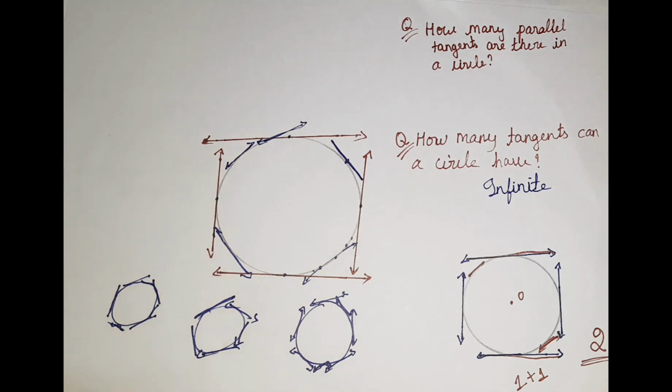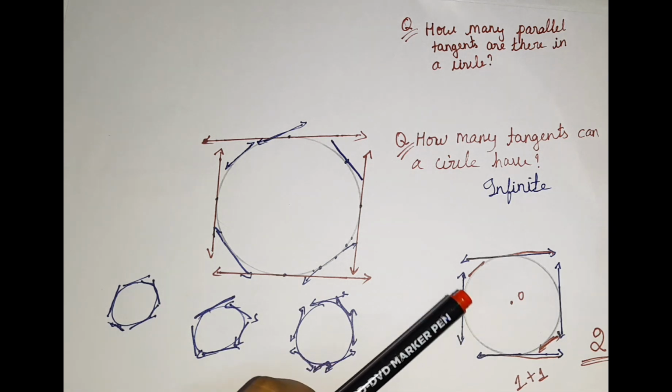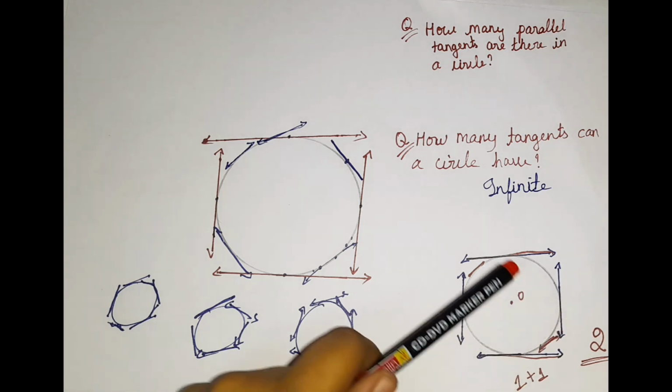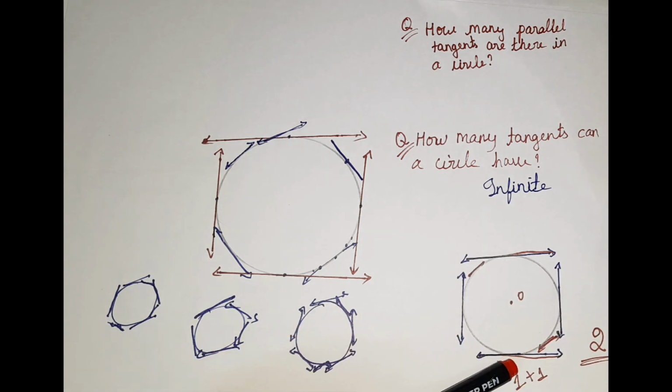So the simple reason is this is parallel, and this is also parallel. Of course, you know the meaning of parallel. You can take the example of a parallelogram, those things later. Likewise here in the circle, this tangent is parallel to this one, and this tangent is parallel to this tangent.